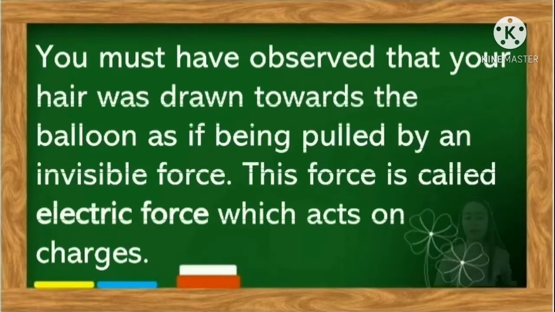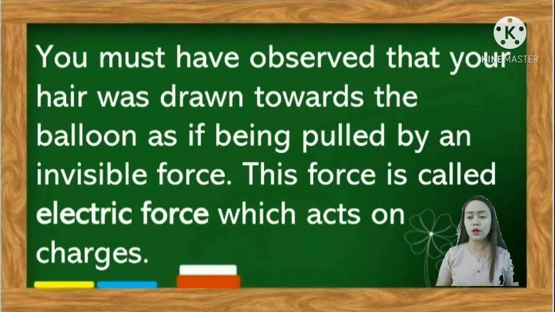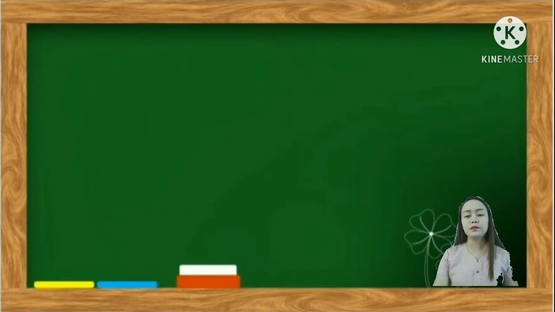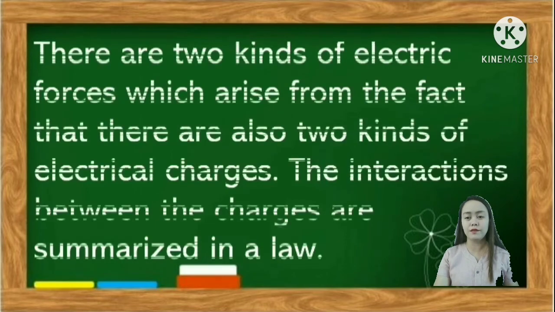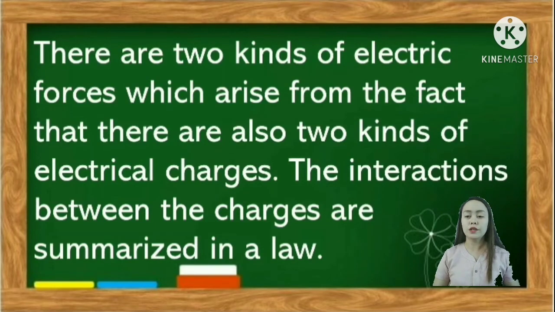You must have observed that your hair was drawn towards the balloon as if being pulled by an invisible force. This force is called electric force, and it acts on charges. There are two kinds of electric forces which arise from the fact that there are also two kinds of electrical charges.